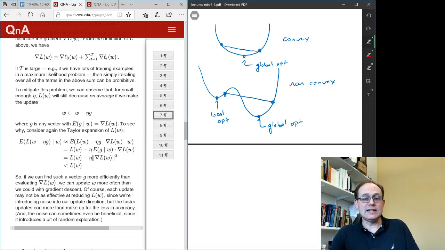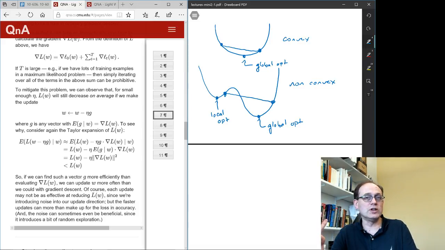In general, in high dimensions, there could be arbitrarily many local optima. The function could be folded and creased in all sorts of nasty ways to make it difficult to figure out where the true global optimum is. And so it's computationally quite a difficult problem to get to the true global optimum.